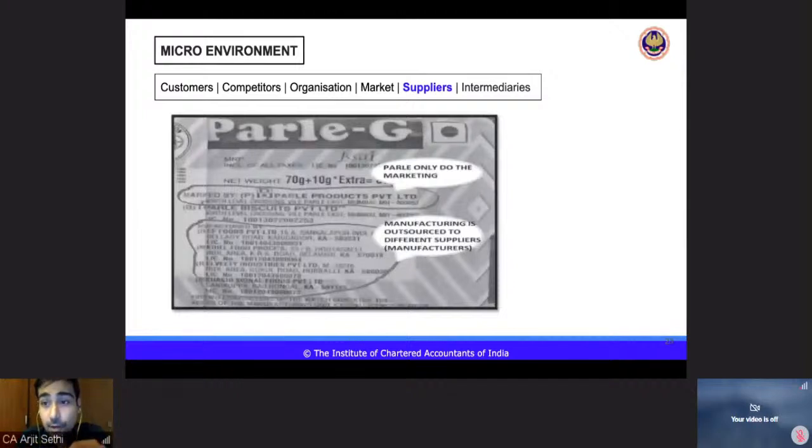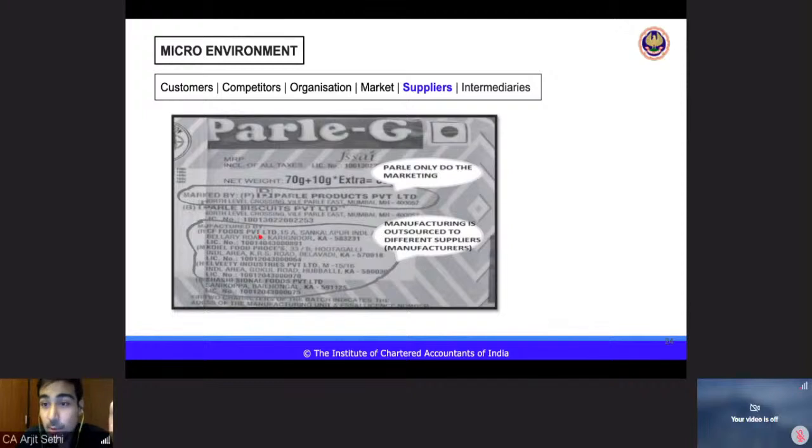If you have looked carefully at a Parle-G biscuit packet, you will see that on the backside of the package they have written that it is marketed by Parle-G, however manufactured by CF Foods or Coilil Food Products or LVT, different suppliers.